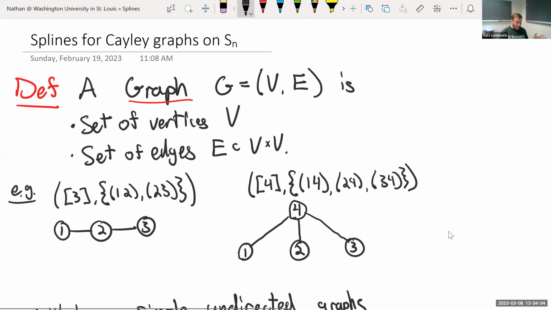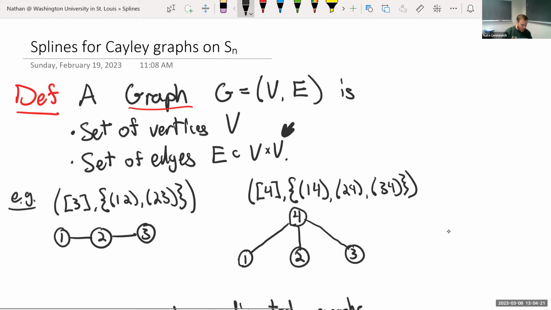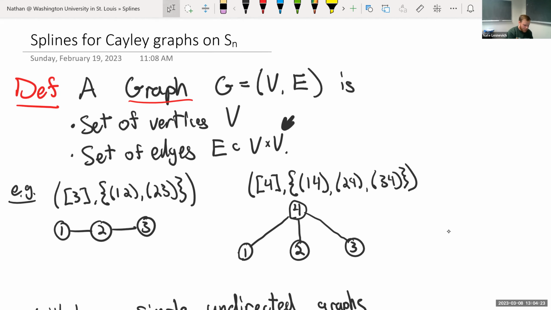So I'm going to take a graph G on a set of vertices V and edges E, where E is some subset of V cross V. I've written down two examples.